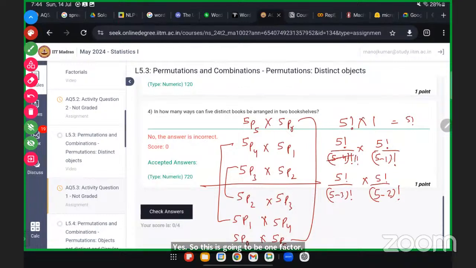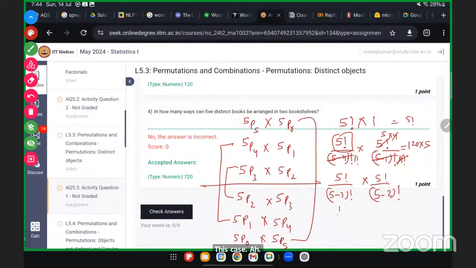And if I do this, this is 5 minus 1, 4 factorial. So that is going to be 120 into 5, right? So 5 into 4 factorial. So can remove this, and 5 factorial itself is 20 into 5. In this case, 5 factorial is 120.